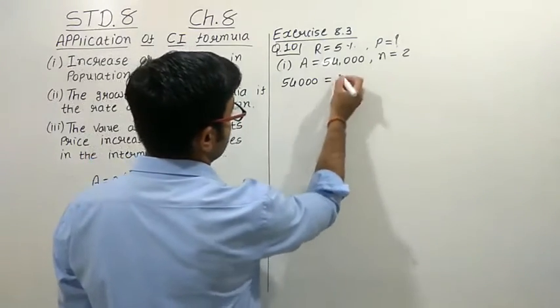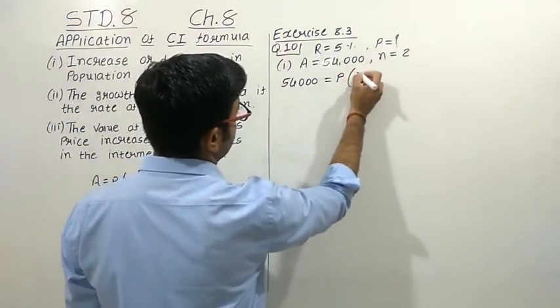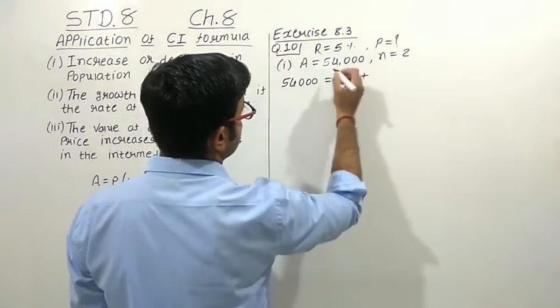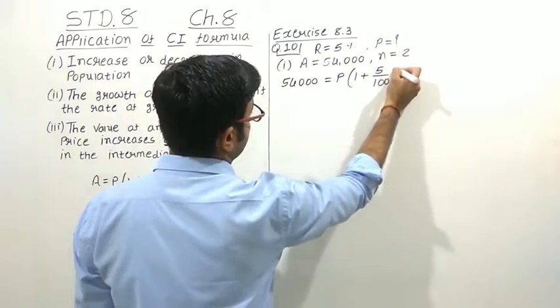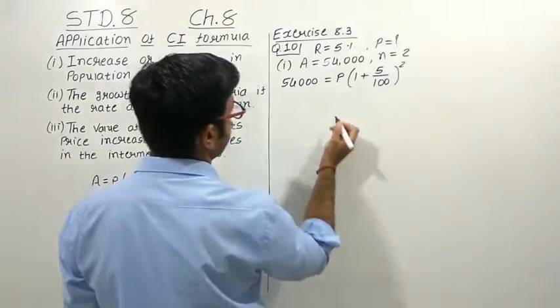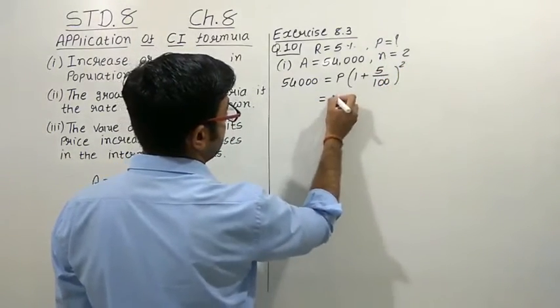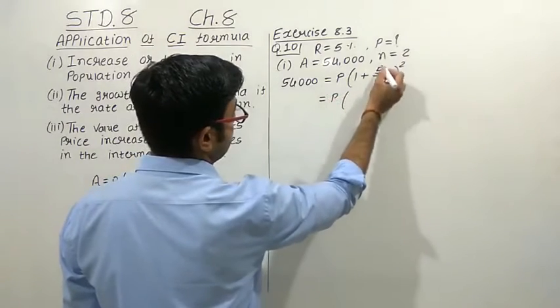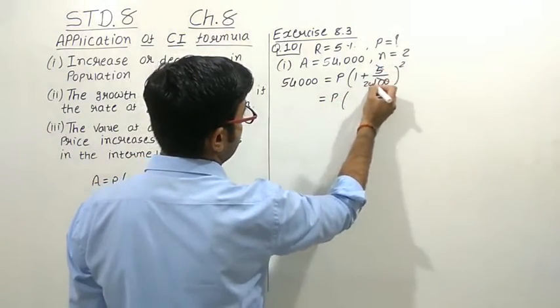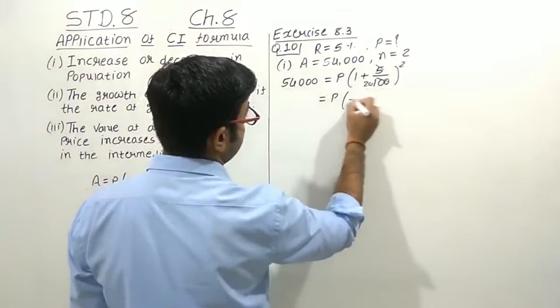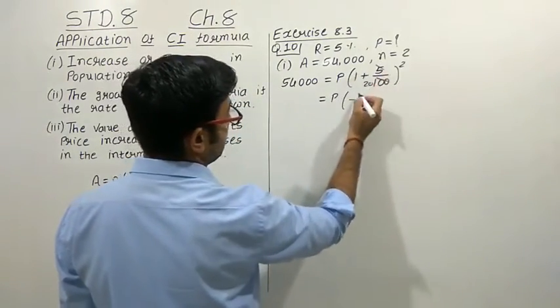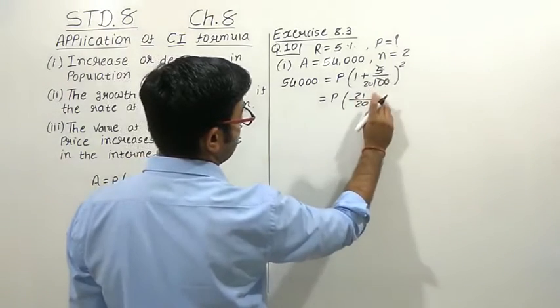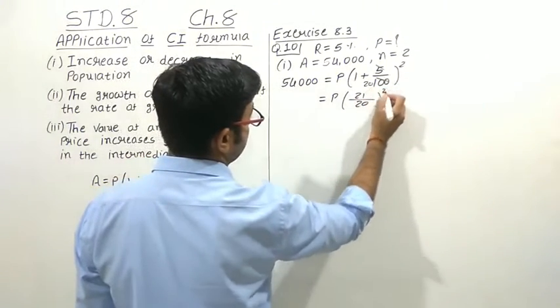So 54,000 is equal to P times 1 plus R, that is 5 upon 100, raised to power 2, right? So here P remains as it is. We can cut it, 5 twenties is 100. So 20 will be the LCM. 20 plus 1, that is 21, raised to power 2.